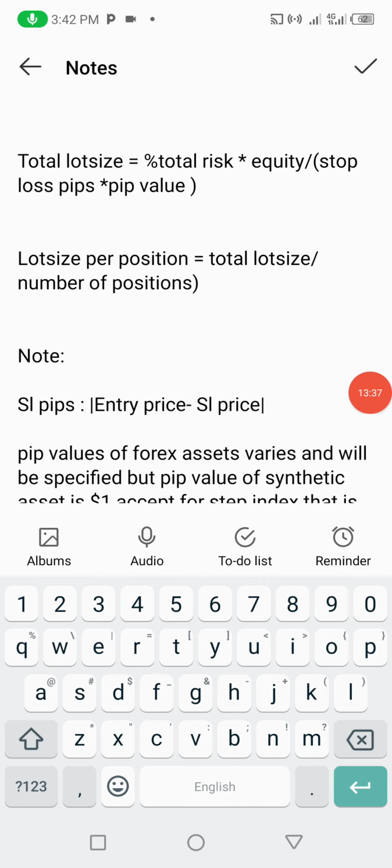So if we shift our stop loss to a lower value, if we reduce stop loss P, then we will expect a big loss size. Then if we increase the stop loss P, we expect a small loss size.